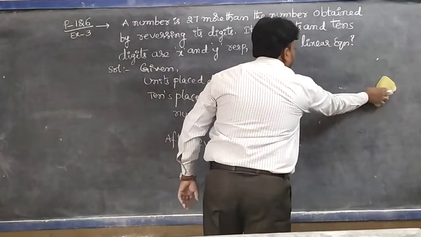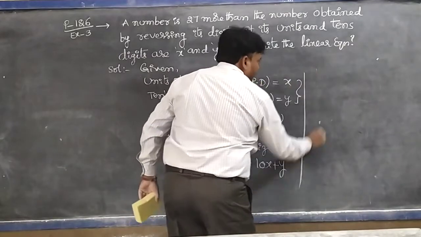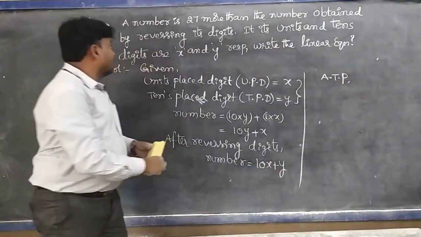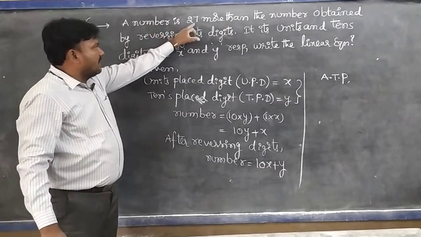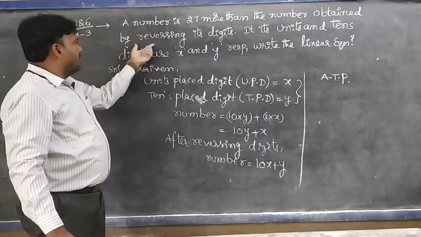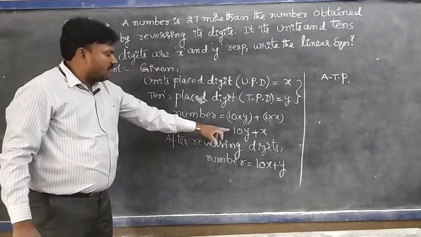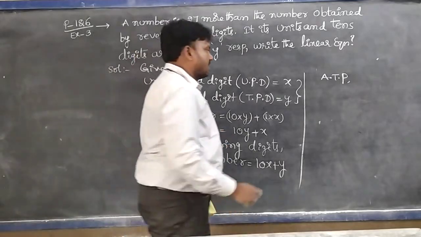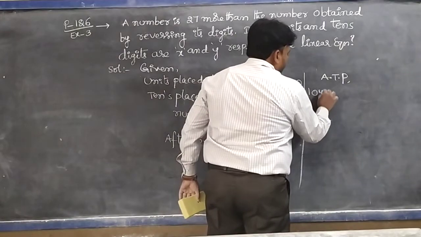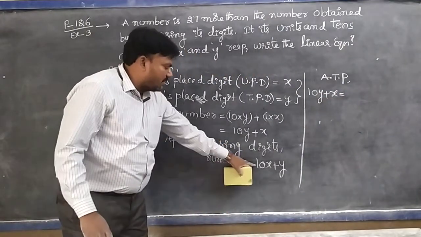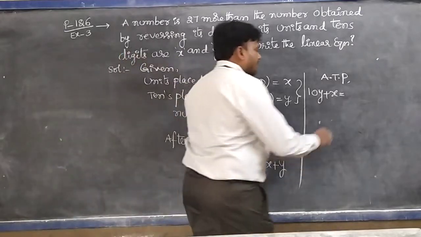Then according to the problem, what is given? Observe the starting line. A number is 27 more than the number obtained by reversing its digits. That means the first number, how much is the first number? 10y plus x. So 10y plus x equal to, after reversing digits, what about the number? 10x plus y.